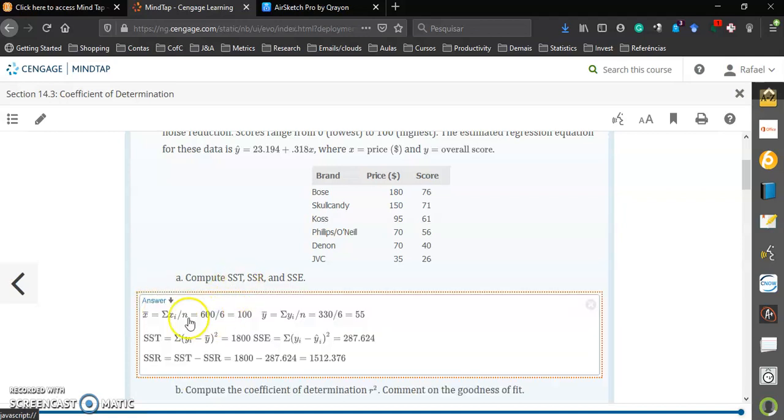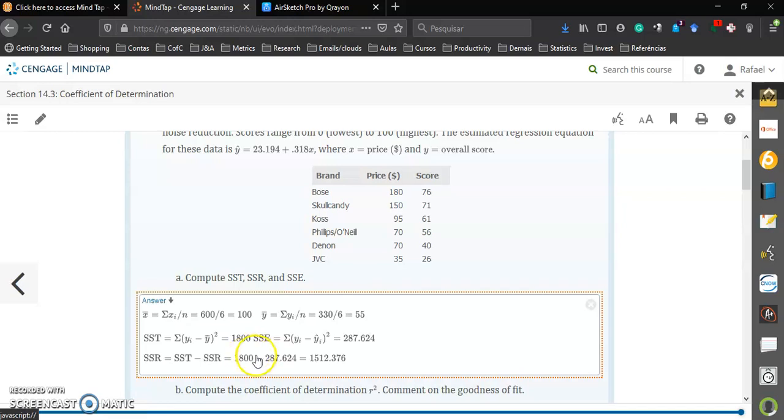Let's assume we work through all this process. Sum of square total is 1800 and sum of square regression is 287.